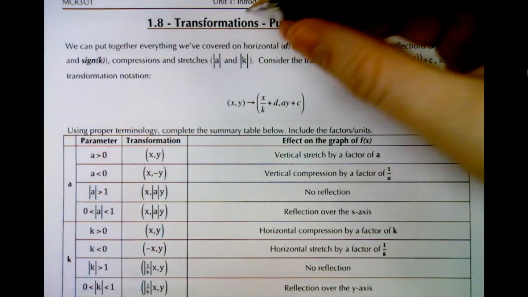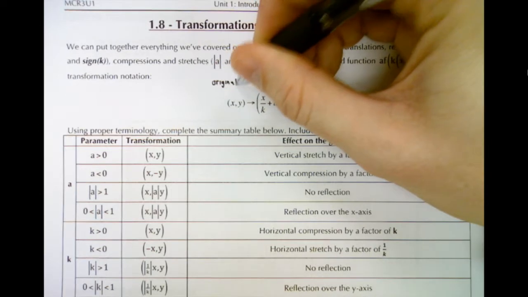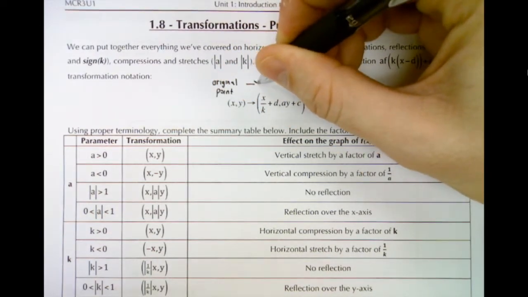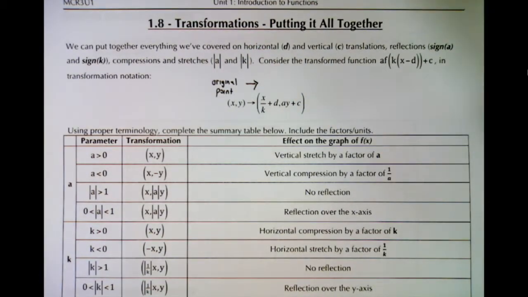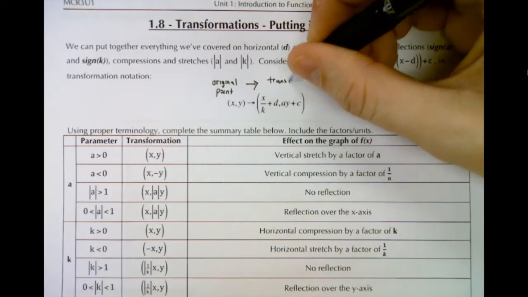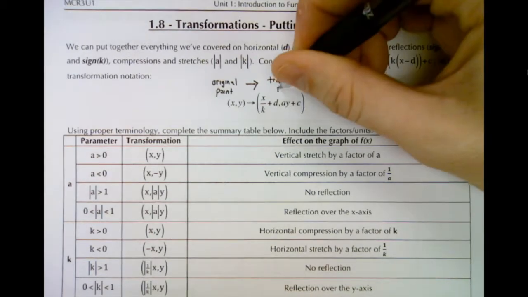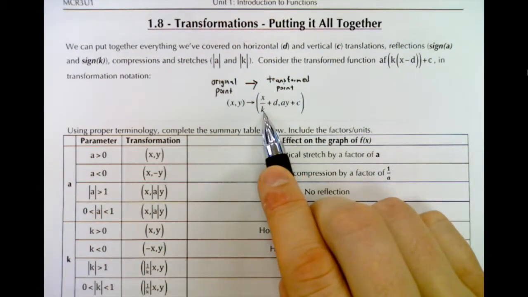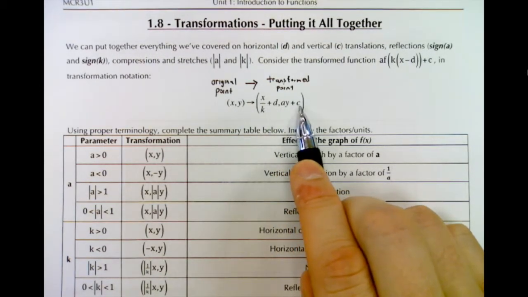So if we had an original point, and we wanted to transform it using any of the transformations we've gone over, we could do it. The transformed point is found by taking the original x and dividing it by k and adding d, taking the original y, multiplying by a, and adding c.